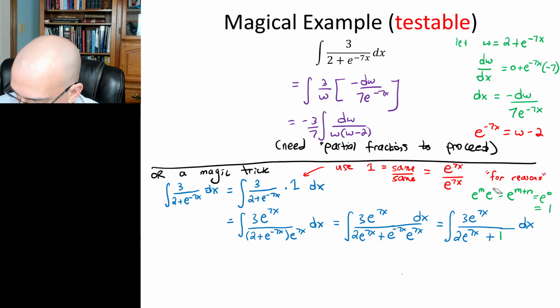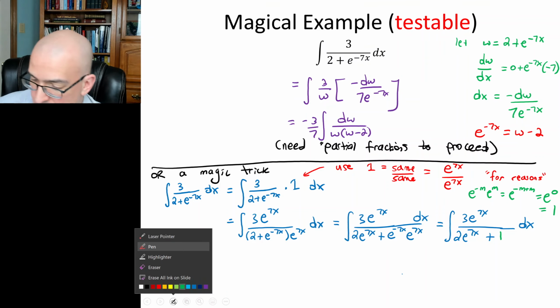I'll be a little more explicit here: e to the negative m times e to the positive m is e to the negative m plus m, which is e to the 0, which is 1.